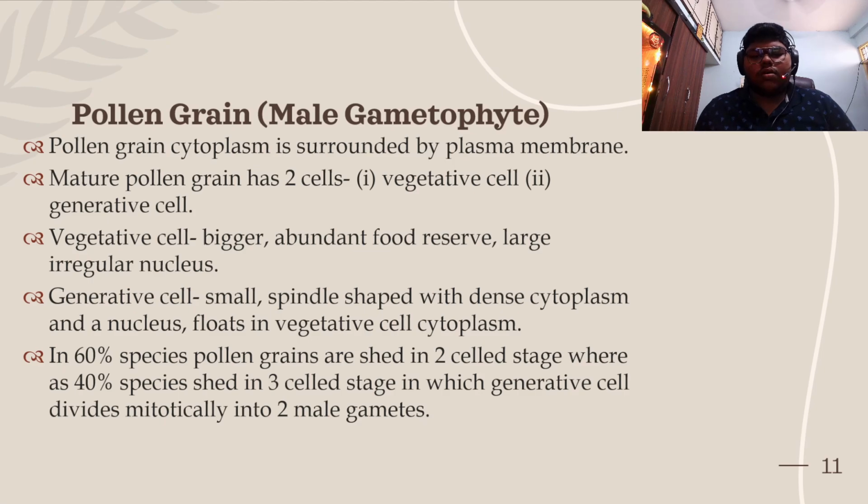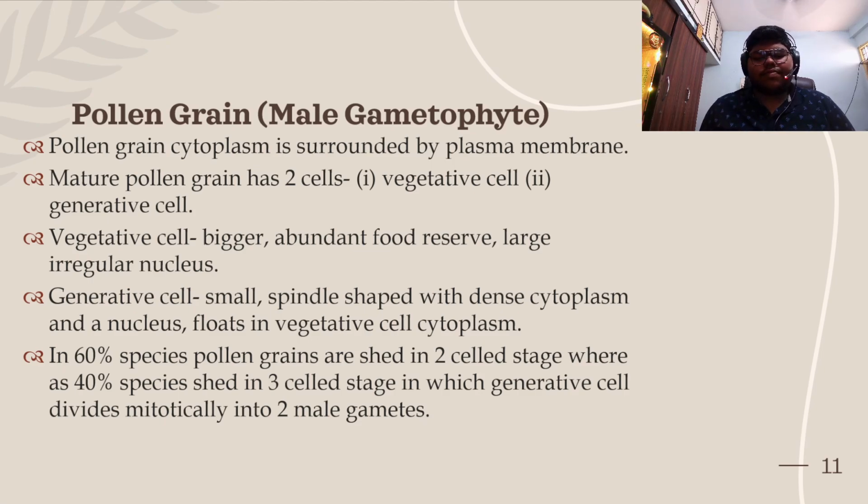Pollen grain cytoplasm is surrounded by plasma membrane. Generative cell. Mature pollen grain has two cells, one vegetative cell, second generative cell.